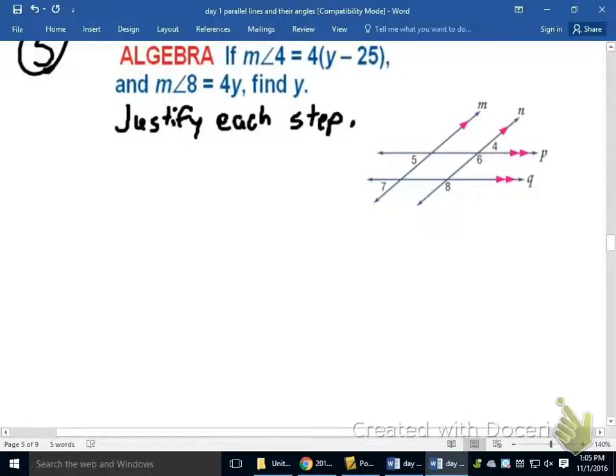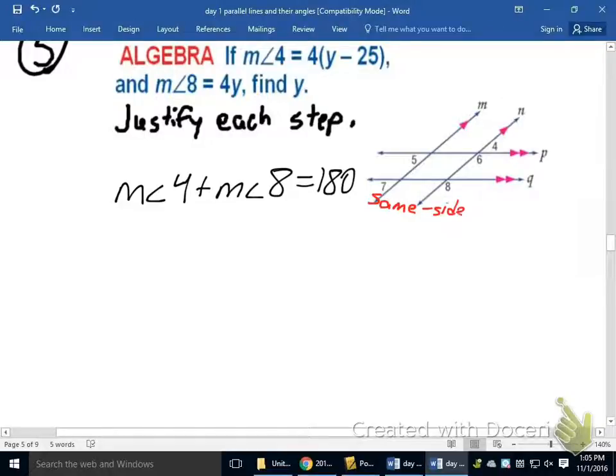This is one of those that's not mentioned by our textbook, but there is a relationship there that they are supplementary. So I'm going to say the measure of angle 4 plus the measure of angle 8 equals 180 degrees. And the justification of that, I'm just going to call same side exterior angles. Or you could call it consecutive exterior angles. Either way is fine by me.